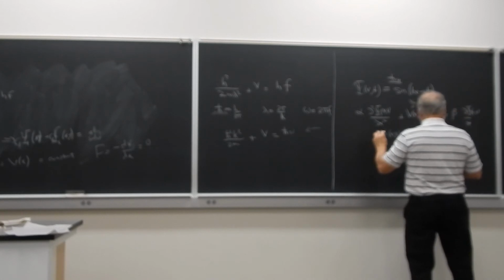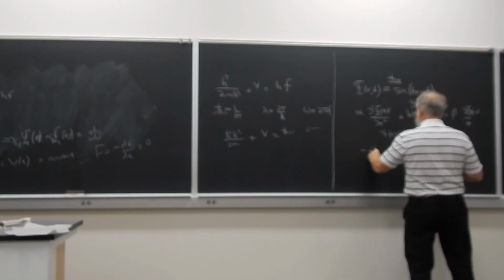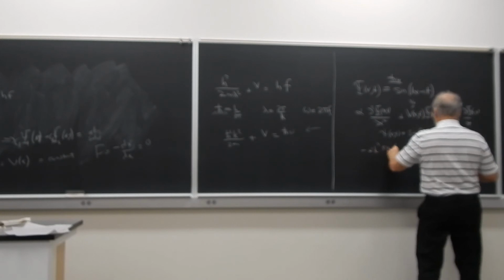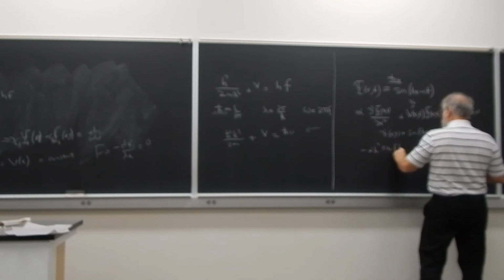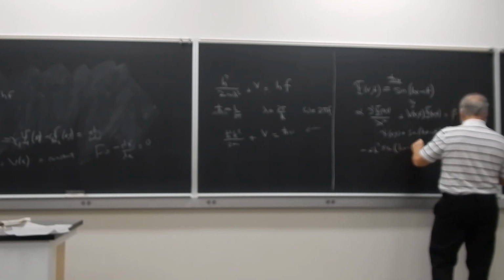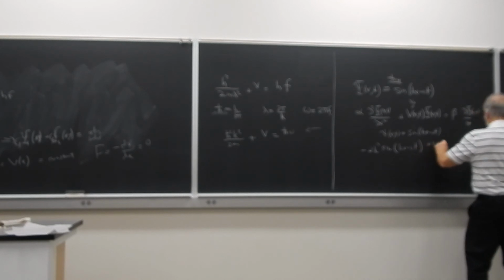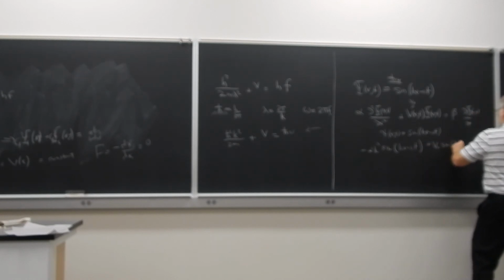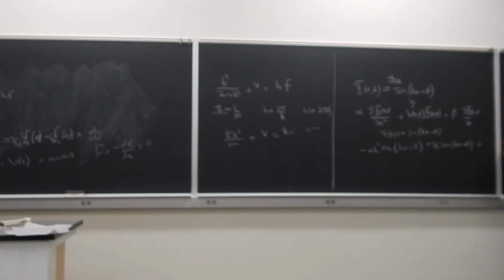I get minus alpha k squared sine(kx − ωt) plus V naught sine(kx − ωt) is equal to minus beta omega cosine(kx − ωt).